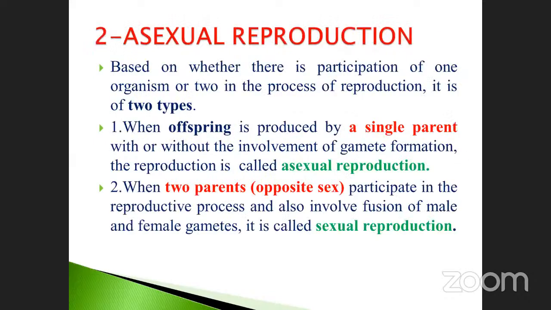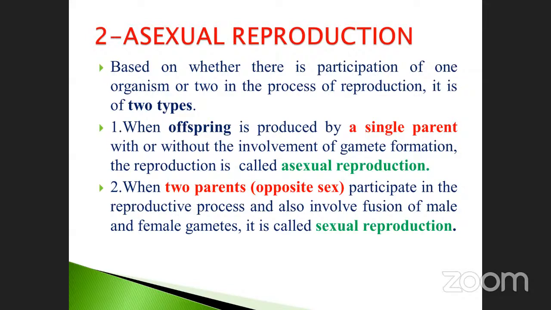Next one is past. Until this, we have discussed vegetative reproduction. The second one is called asexual reproduction. It is a very, very important thing. Asexual is nothing but the absence of sexes.